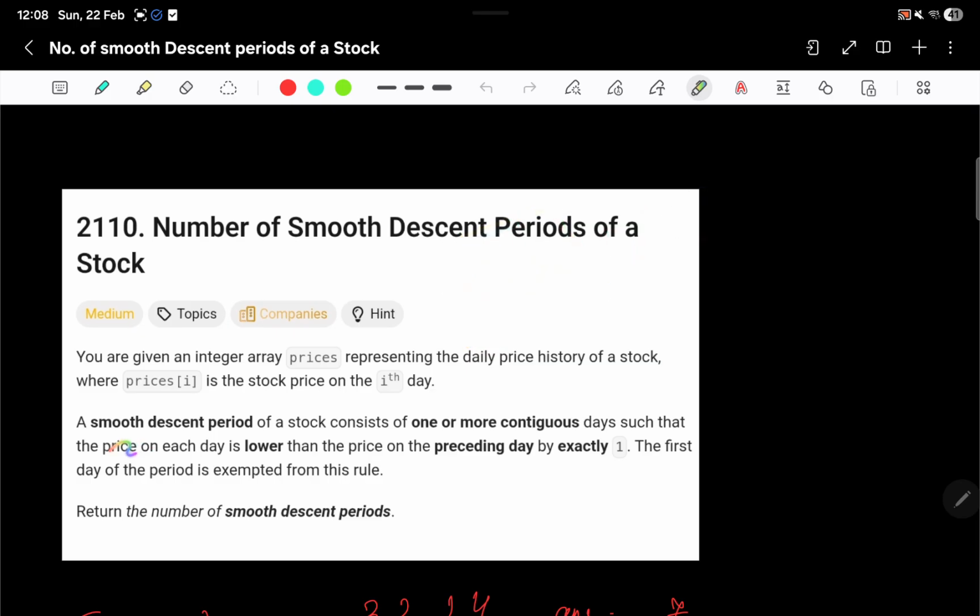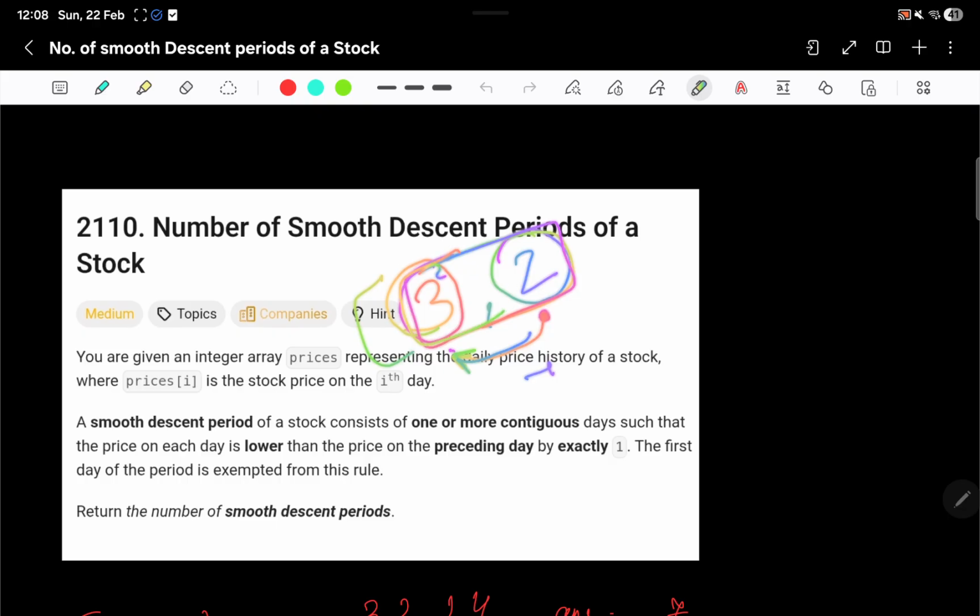Contiguous days, such that the price on each day is lower than the price on the preceding day by exactly one, right? So if the days are 3 and 2, this is one day, this is another day, and this element is less than the preceding element by one, so these two are also one more period.